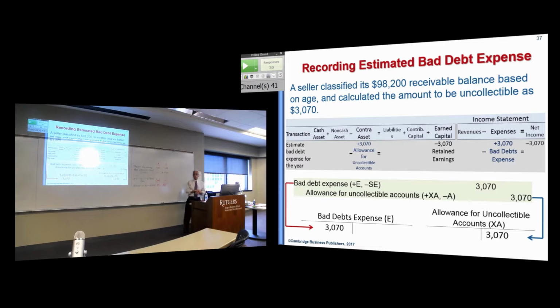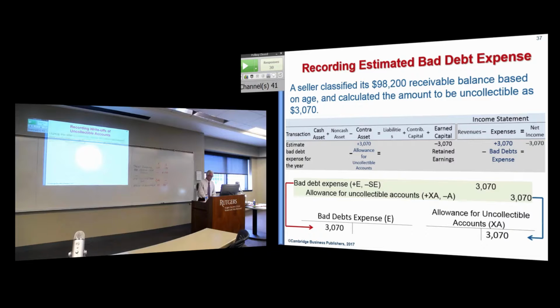When you find out that a particular customer is not going to pay, it is going to be charged against the allowance. The allowance becomes your reserve for bad debts. That is going to be used to absorb losses. No additional expenses are charged in the year the account is uncollectible. So if these accounts become uncollectible 2 years from now, there's no additional expense. The expense is already charged in the year of the sale.